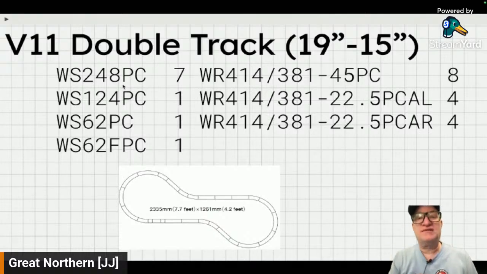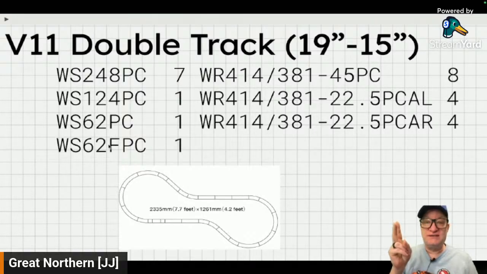This double track, well, it seems like we do have, yeah, this has everything in this double track to run 2 trains in this oval, in this configuration here. And you see this WS62F.